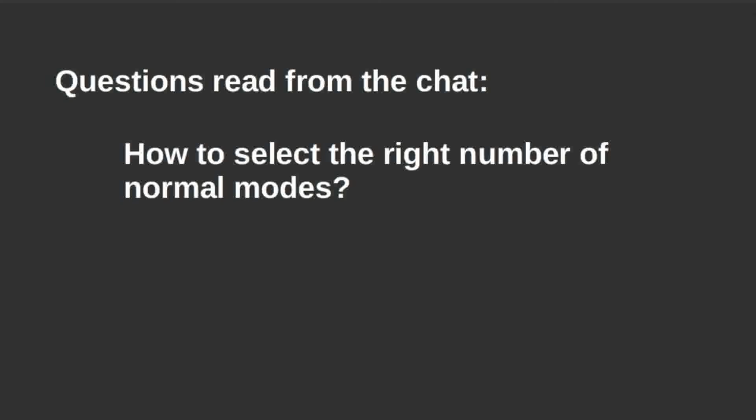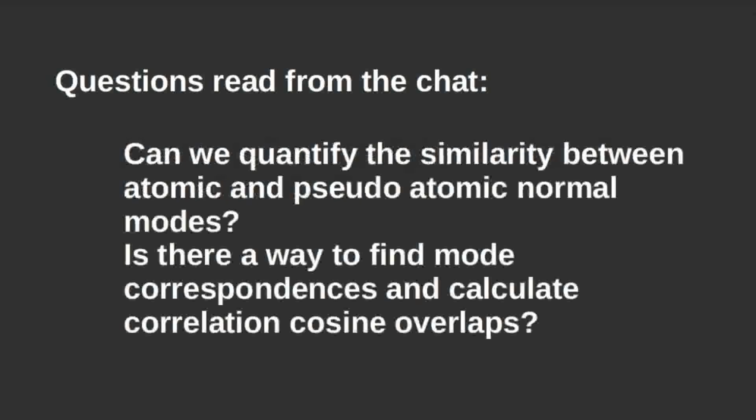I see. Thank you. The last question comes from James, and he asked, can we quantify the similarity between atomic and pseudoatomic normal modes? That's the first question. And the second one is, is there a way to find mode correspondences and calculate correlation cosine overlaps?